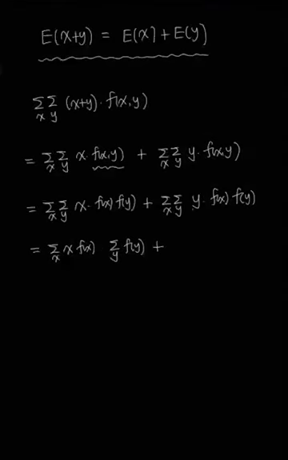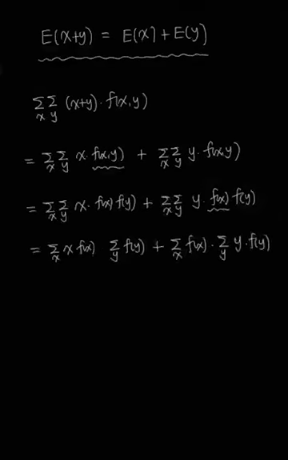And then in here, actually this is the only one that has x in this summation, so we can put this out: the summation over x of the probability of x, and then the summation over y of y times the probability of y.